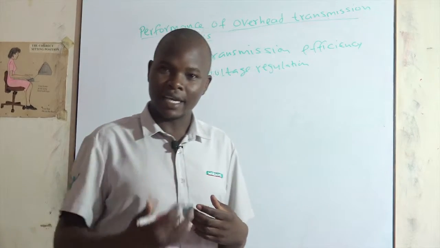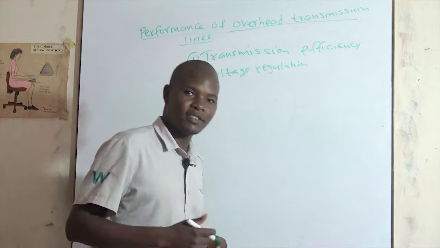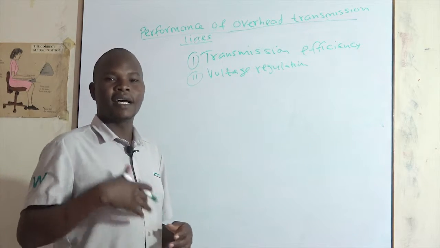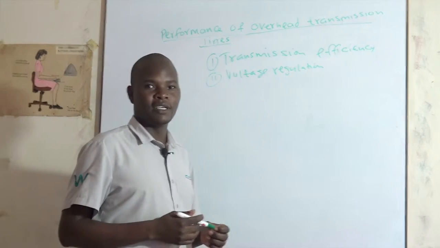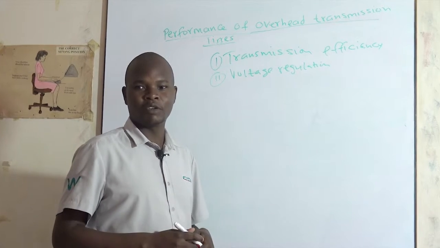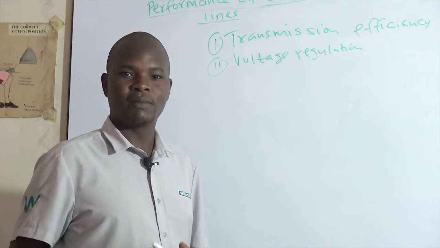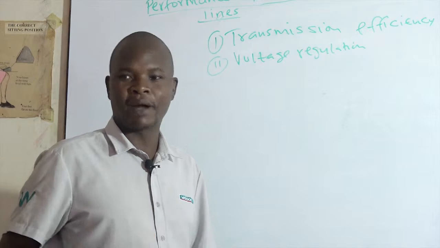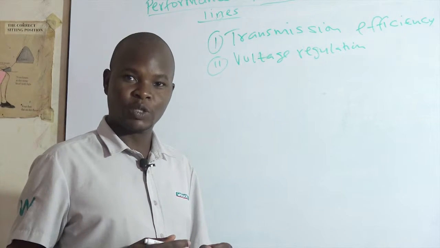It is desirable that the efficiency of a transmission line is as high as possible. If it is possible to be 100%, it will be okay. But due to some line parameters, that is not possible.